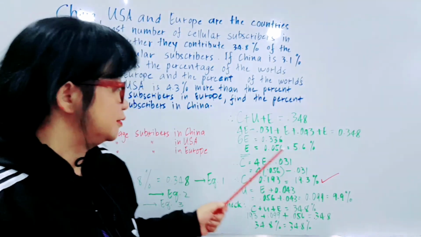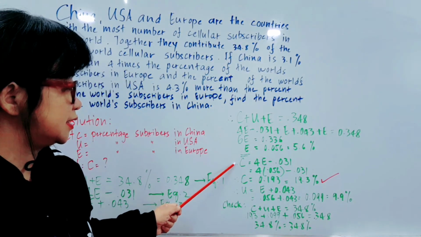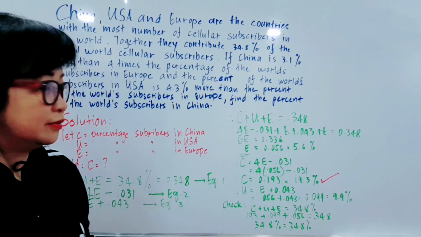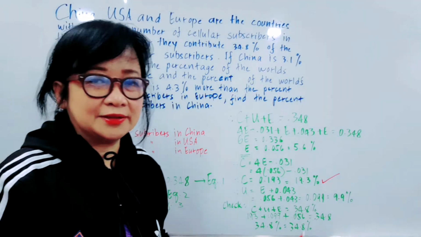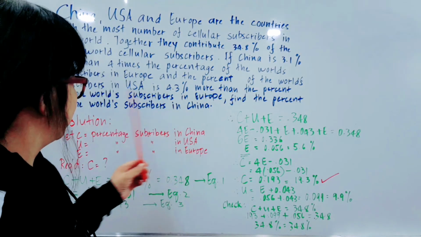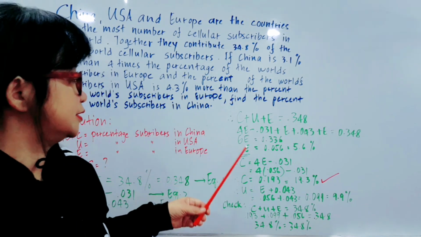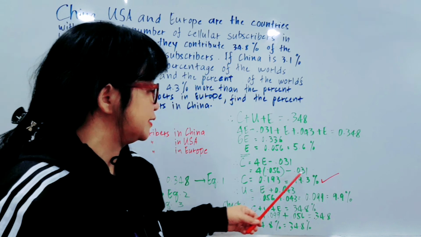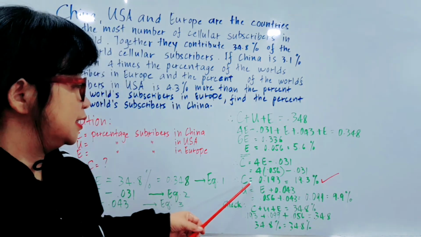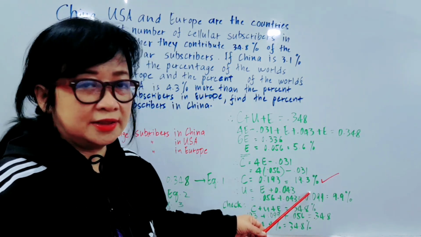That means, yung answer natin na C, E, at saka U are correct. So, the percentage of the world subscriber in China, yun ang talagang final answer natin is 19.3%.